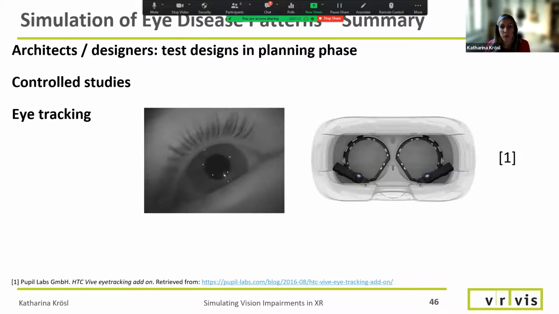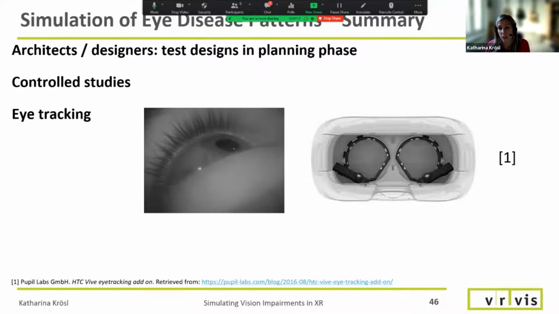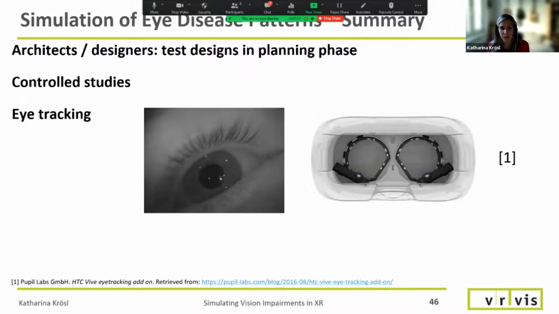And we are one of the very few people at the time who used eye tracking for gaze-dependent effects. But this is really crucial for a realistic simulation, because some symptoms, such as these dark shadows that we have seen before, that are created by cataracts, they affect only parts of the visual field, and they really depend on the gaze of the user.